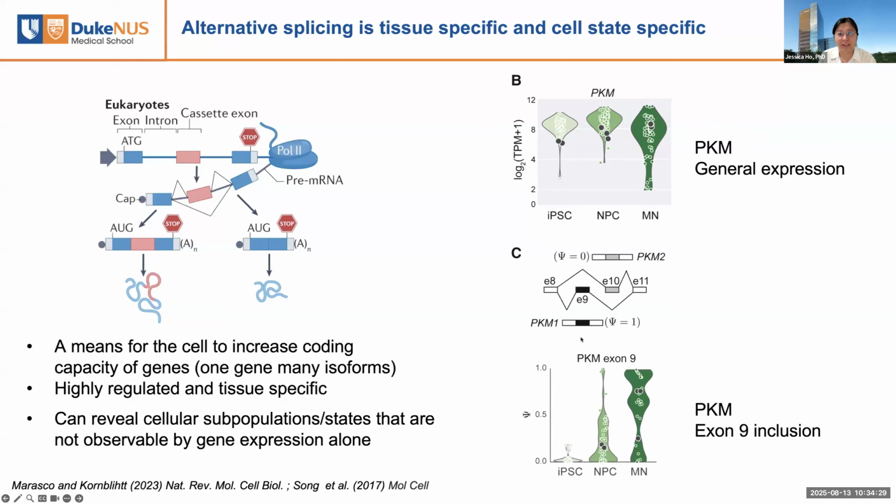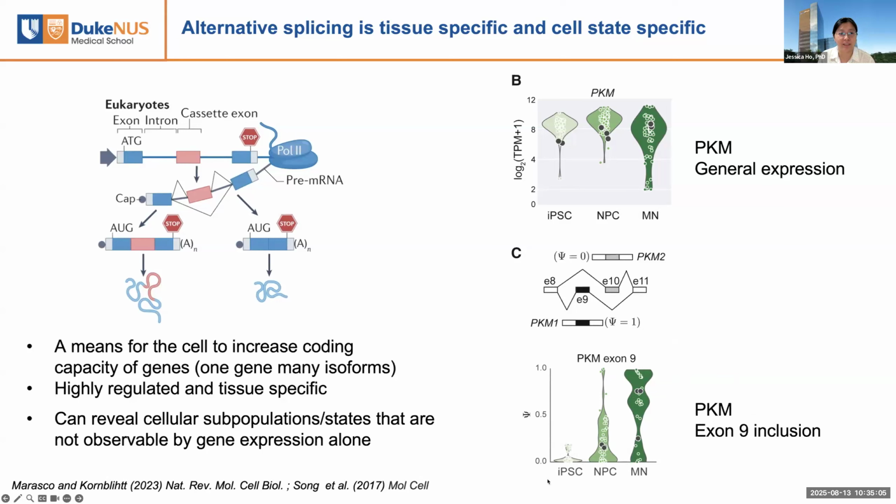You can see that iPSCs don't really have PKM isoforms that have exon 9, whereas in motor neurons, you have PKM isoforms that express exon 9, showing the big importance of looking at splicing when we look at cellular functions or transitions between cellular states. So I think this is one region that it would be very important to look at when we look at stress responses or disease to healthy to disease transitions.